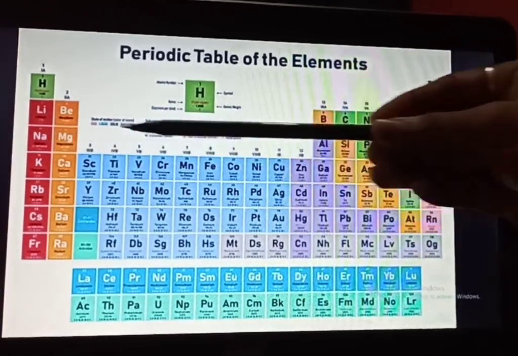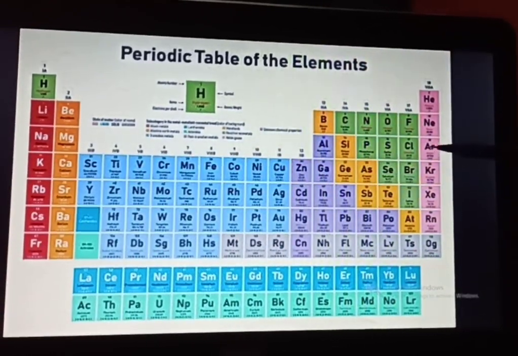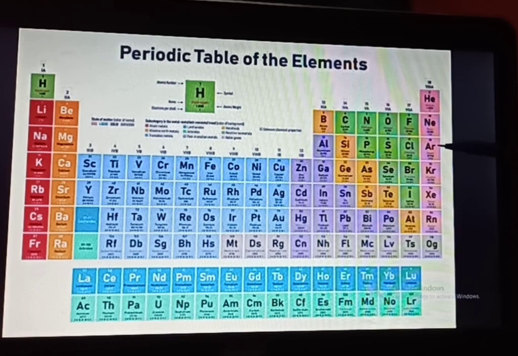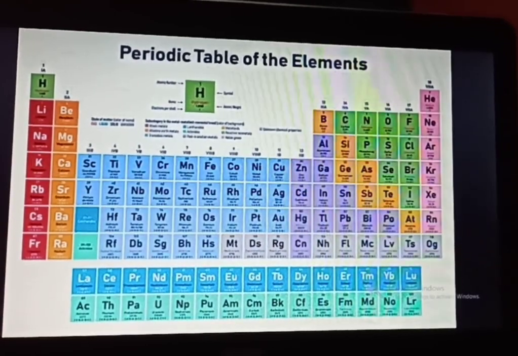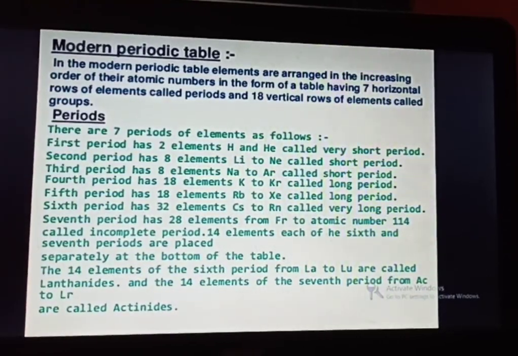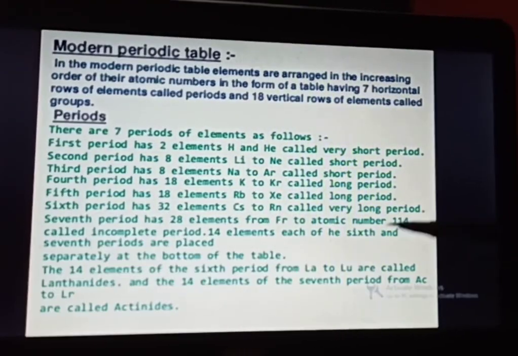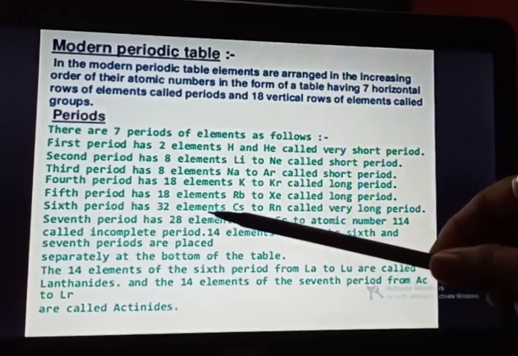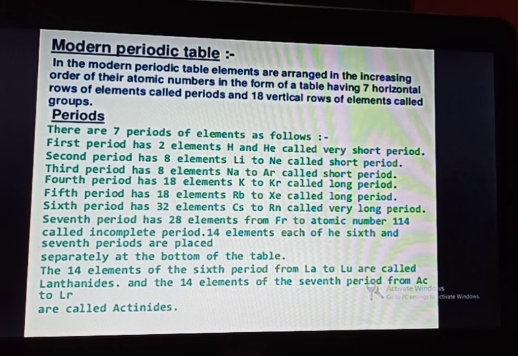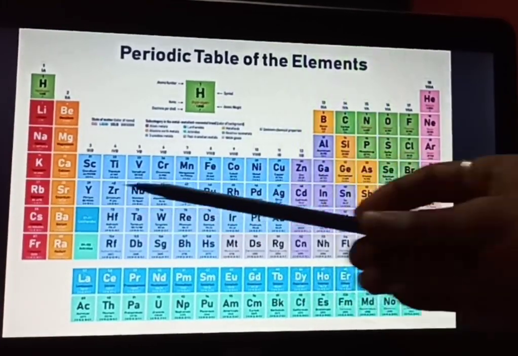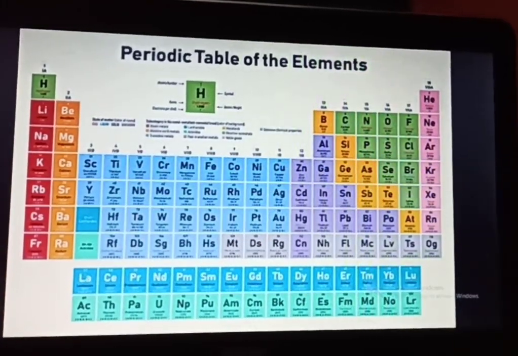From sodium to argon they are called short period. From potassium to krypton they are called long period. And the fifth period has 18 elements from rubidium to xenon, called long period.